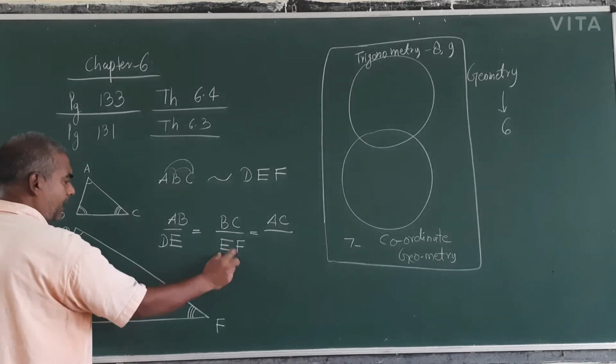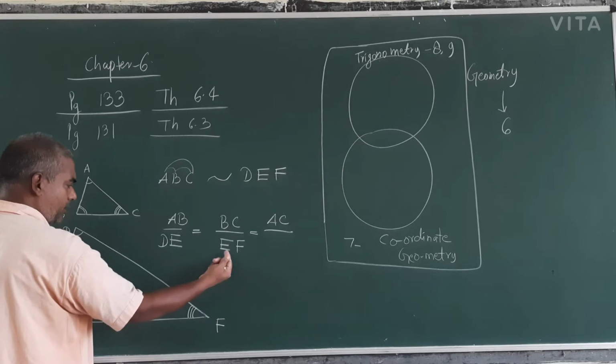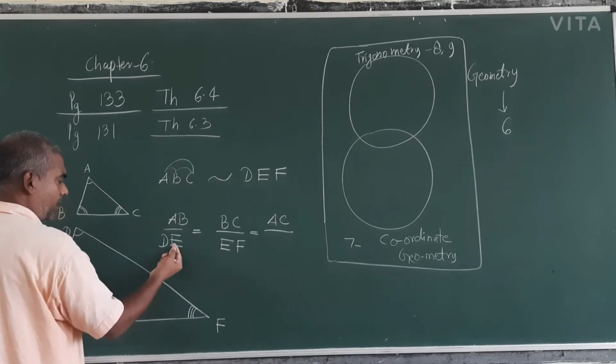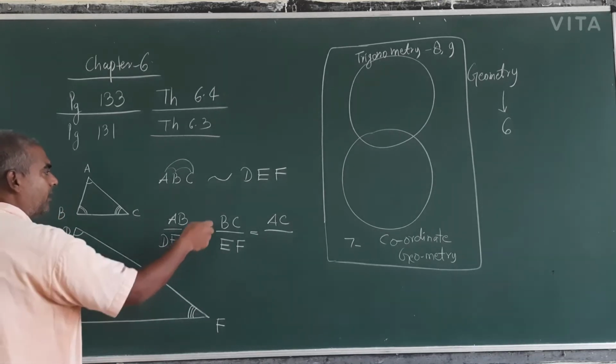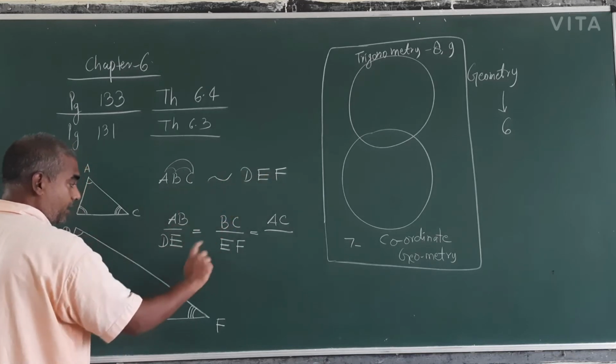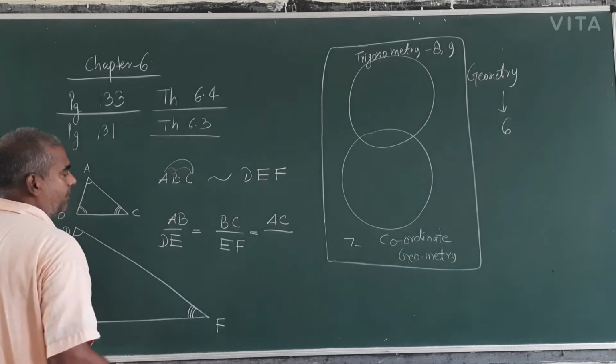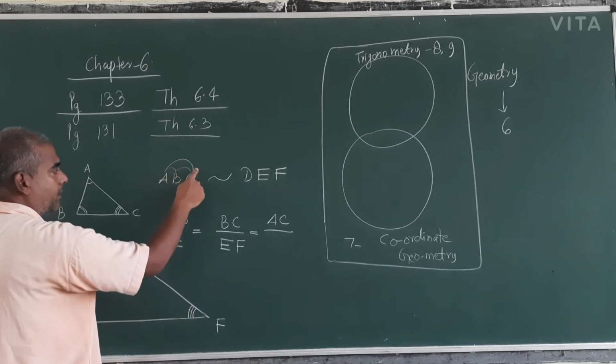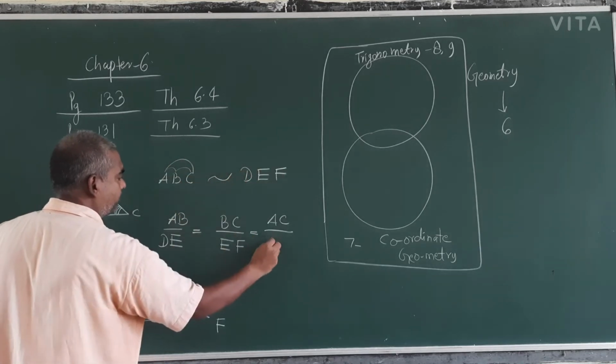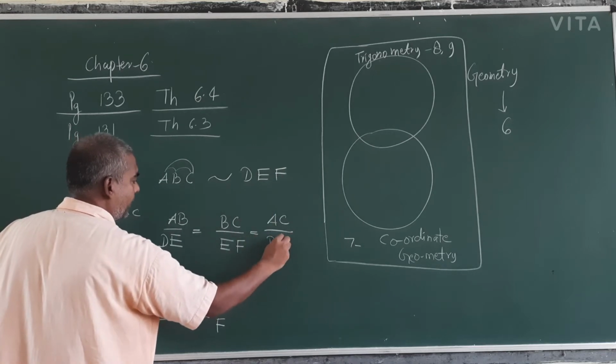By the way, it is a side, so you can take FE also, ED, but it is much better to take second and third, first, second and third, just like I have made this one. AC, first and third, so D and F.